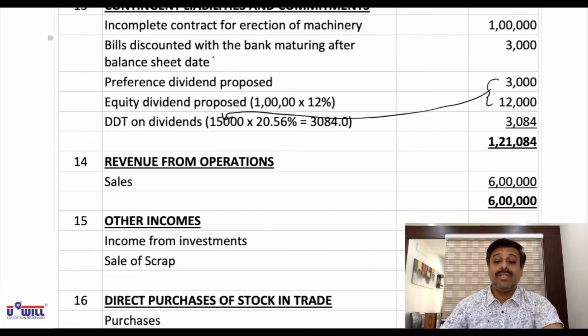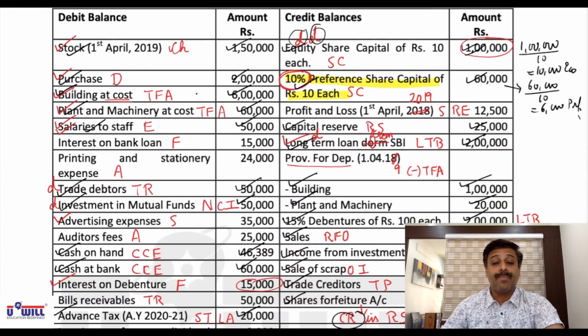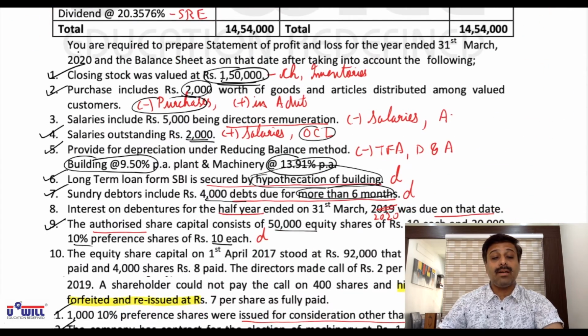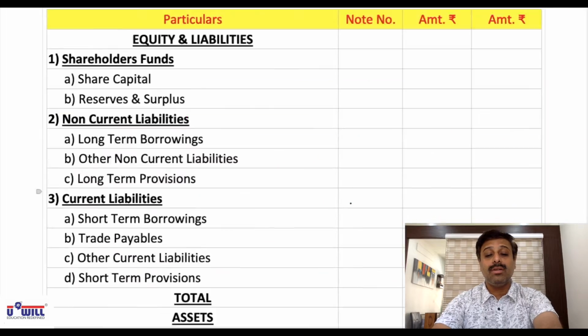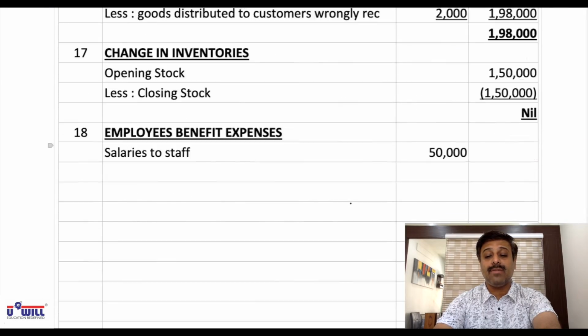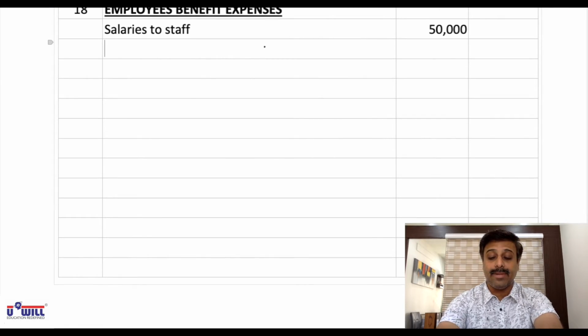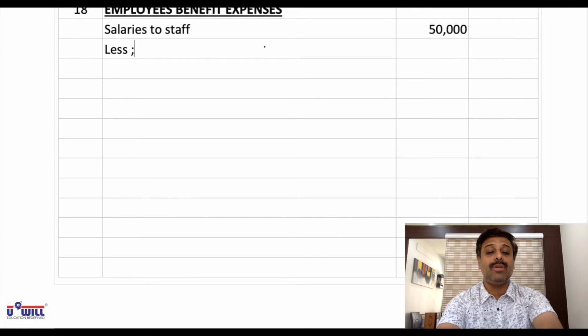Now what are the 2 adjustments related to that? Adjustment number 3, 5,000 we have to minus from salaries as it is for directors' remuneration. We have wrongly included it here. So less directors' remuneration 5,000. Write that in bracket, we will minus it.